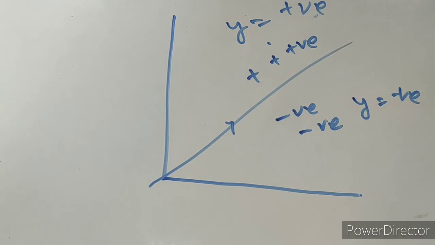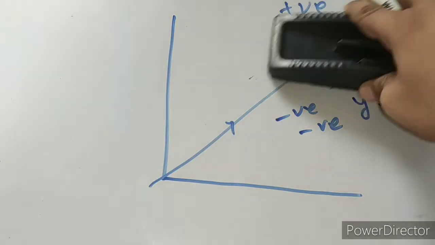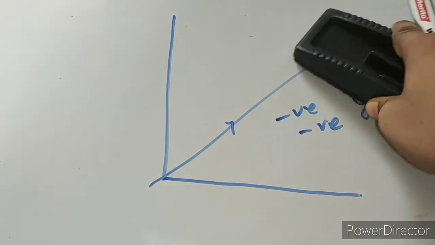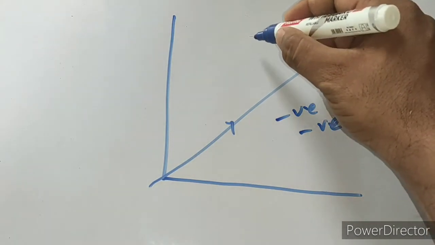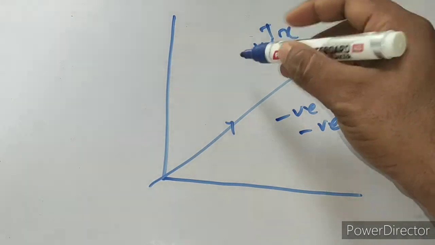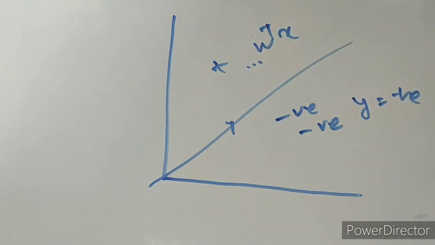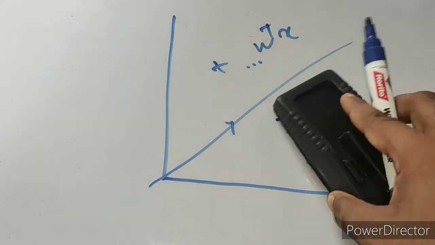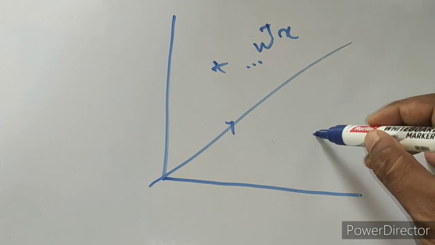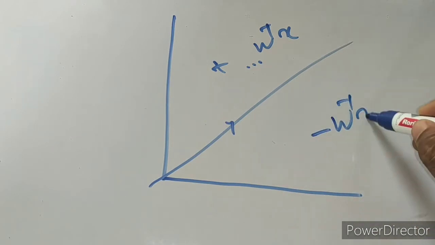Similarly, the WTX distance is positive if it is present on this side, and that value is negative if it is present on this side.